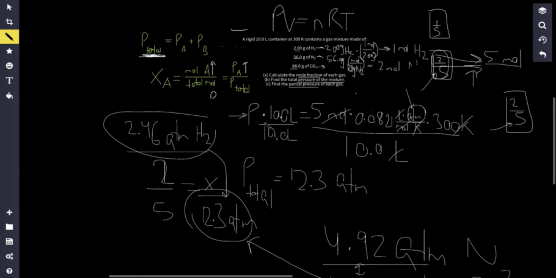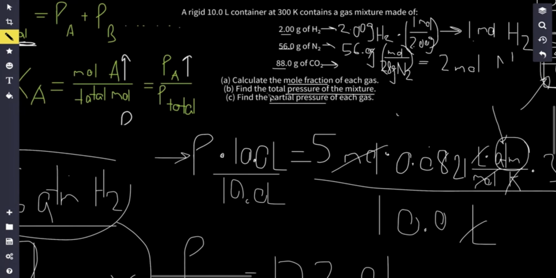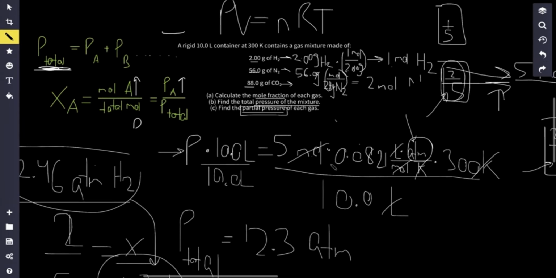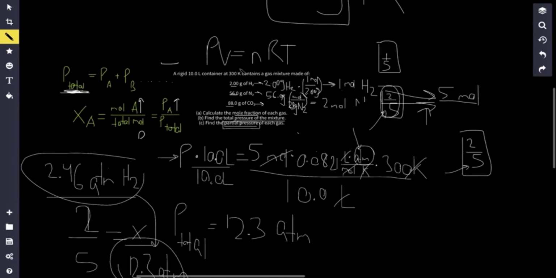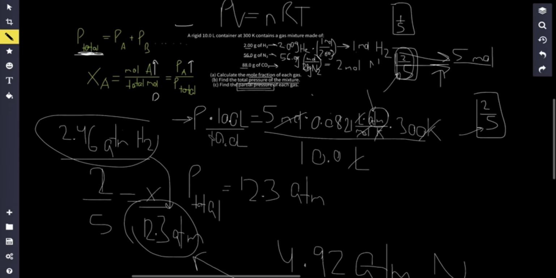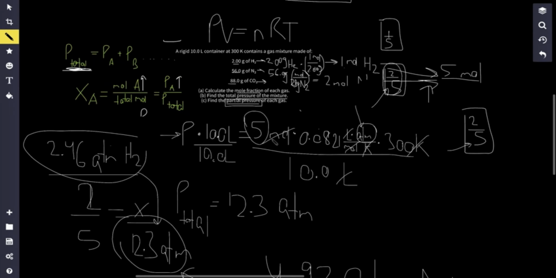Okay. And another way you could have done this problem, if you wanted to calculate the partial pressure of each gas, is you could have used the ideal gas law for every single one of these moles. Remember how when we plugged into the ideal gas law, we used the total amount of moles, 5 moles, and we got the total pressure.